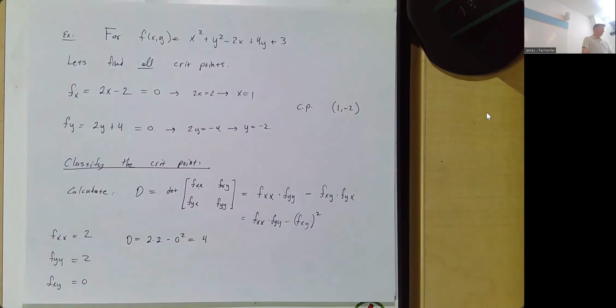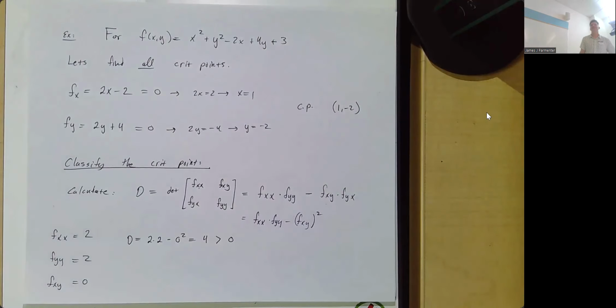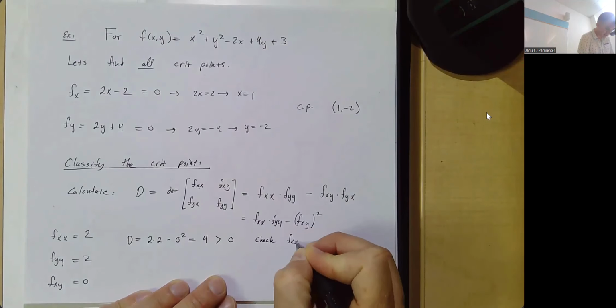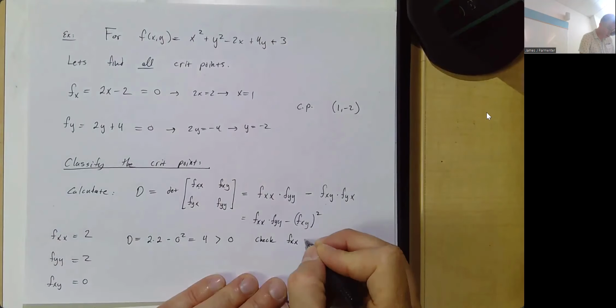So here's what happens. If D is positive, it means we either have a relative maximum or a relative minimum. But how do we know? What that really means is you have to do more work. So now we're going to check what fxx is. Fxx is positive for this example, right? It's equal to 2.